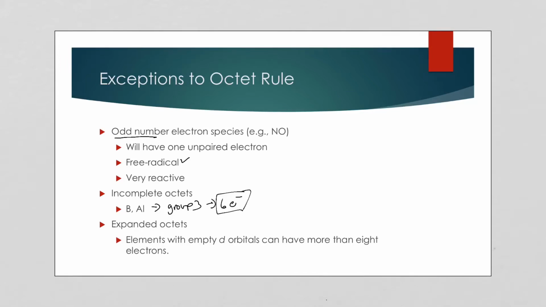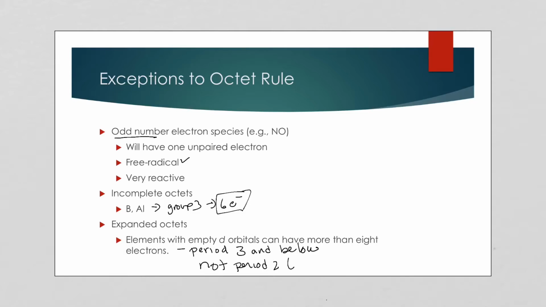And then, as we saw before, in our last example with selenium, the SeO3 ion, we can have expanded octets because of the empty d orbitals. We can have more than 8 electrons, and this is going to be for elements that are in period 3 and below, not period 2 elements.